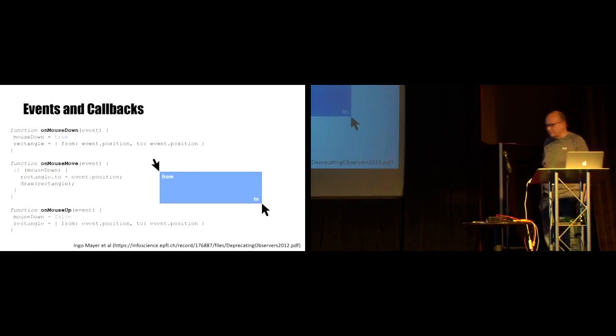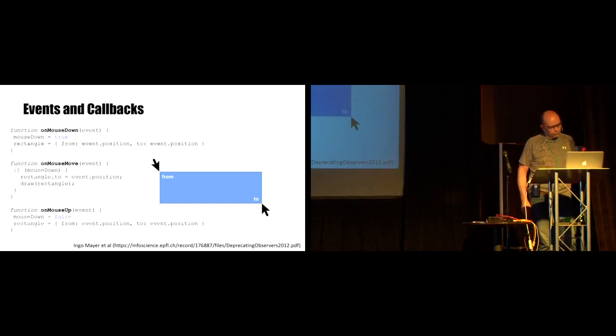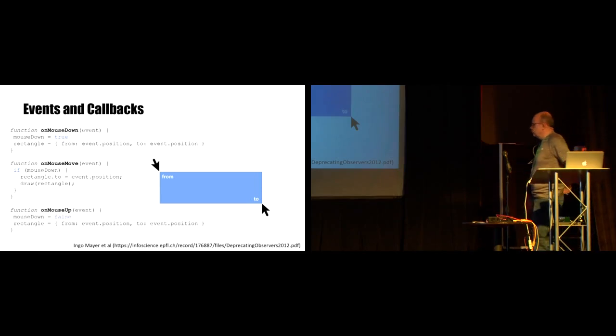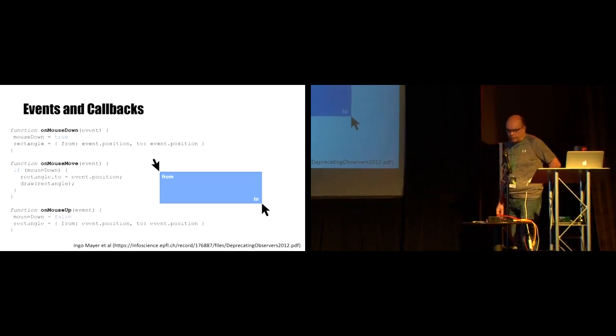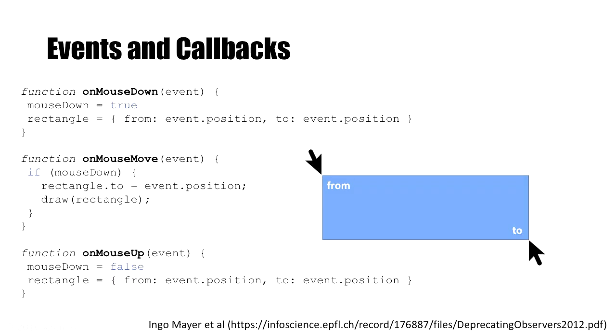The problem is that the bread and butter of front-end architecture has been callbacks for as far as most people would remember, at least I would. If you look at this code where you're trying to draw a rectangle as you drag the mouse on a screen, that code has not changed in a while. If you dissect it, as some really smart people have, you realize that it's really hard to compose that code.